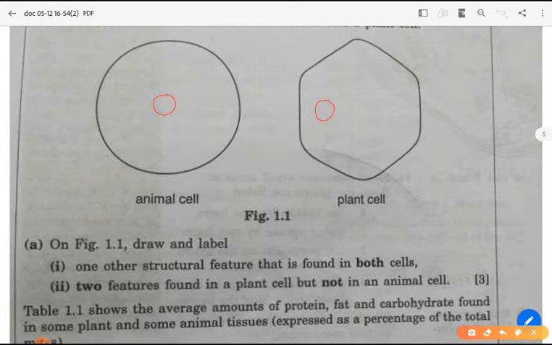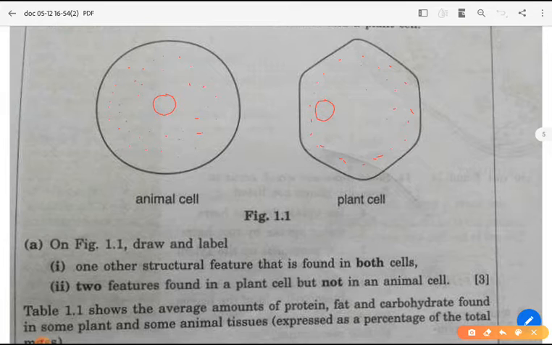One more feature is the cytoplasm. This cytoplasm is present both in animal cell as well as in plant cell. Theek hai? So you can draw one of these features. You can draw the nucleus and you can draw the cytoplasm in the plant and animal cell.